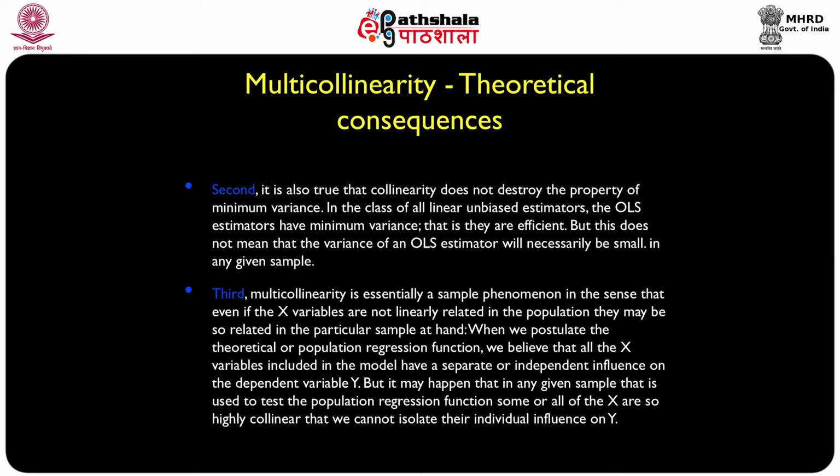When we postulate the theoretical or population regression function, we believe that all the X variables included in the model have a separate or independent influence on the dependent variable Y. That is, the effect of one explanatory variable is not related to the influence of another explanatory variable on our dependent variable Y. But it may happen that in any given sample used to test the population regression function, some or all of the X are so highly collinear that we cannot isolate one individual explanatory variable from the other.